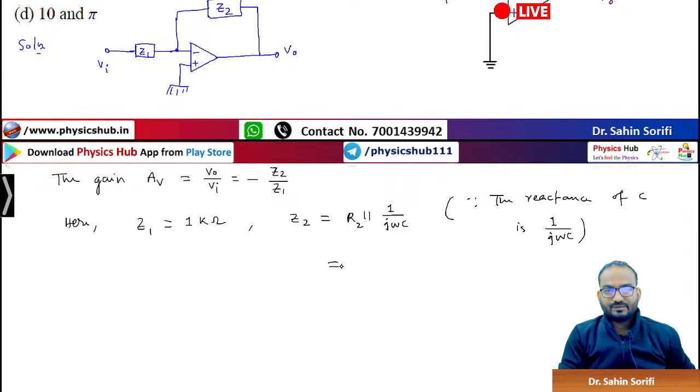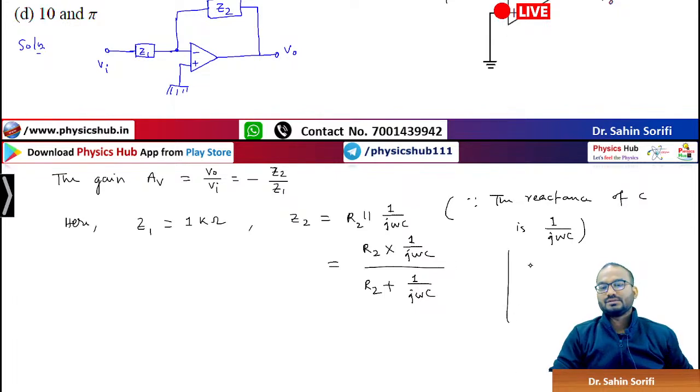Now, what is R1 R2 by R1 plus R2? We are using that formula. So R2 times 1 by j omega C divided by R2 plus 1 upon j omega C. Note, equivalent resistance of R1 R2 is R1 R2 by R1 plus R2. We have just used this.